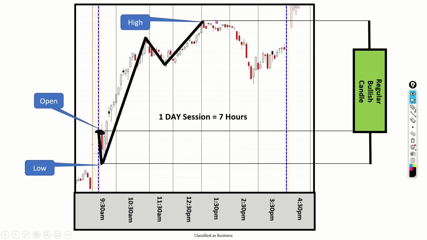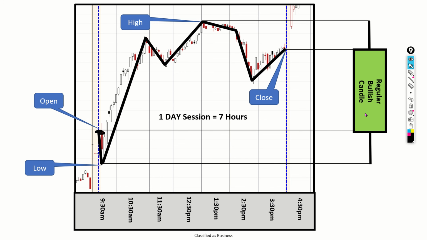Maybe a lot of sellers are waiting at that level, so there's a lot of supply, and it gets rejected. Then it attempts to go up even further, but it closes higher than the previous high. This is the closing of the day, so it forms again a regular bullish candle. This is as simple as we can chart in this video.